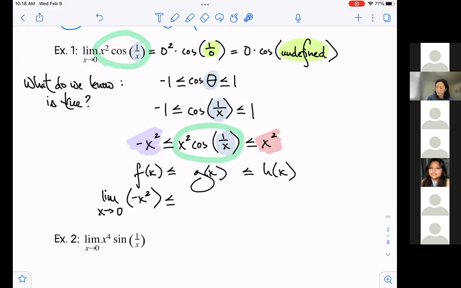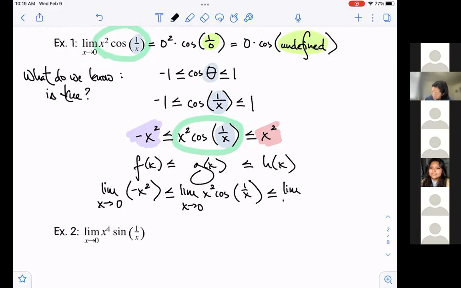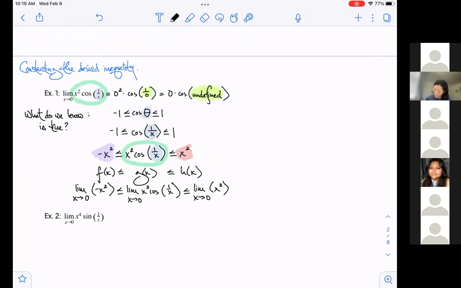Okay. All right, so in the middle, I have the limit as x approaches 0 of x squared cosine of 1 over x. And on the very outside, I have the limit as x approaches 0 of x squared. Okay. So we take the limit everywhere.